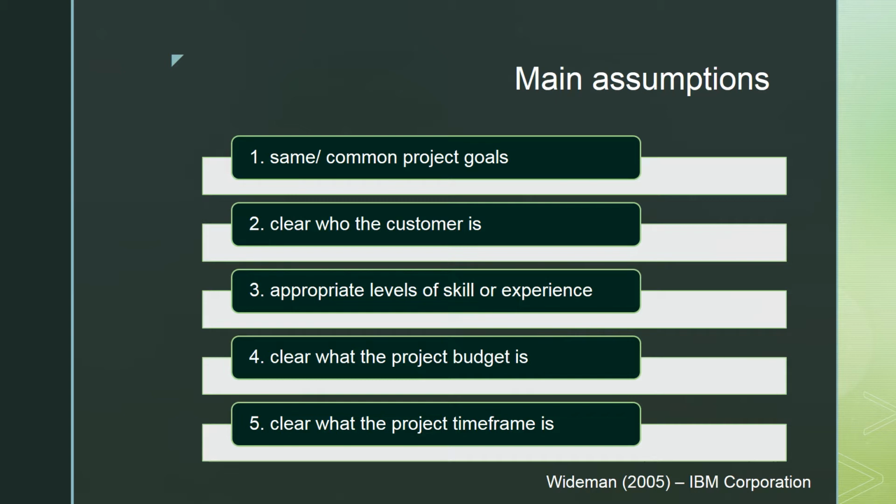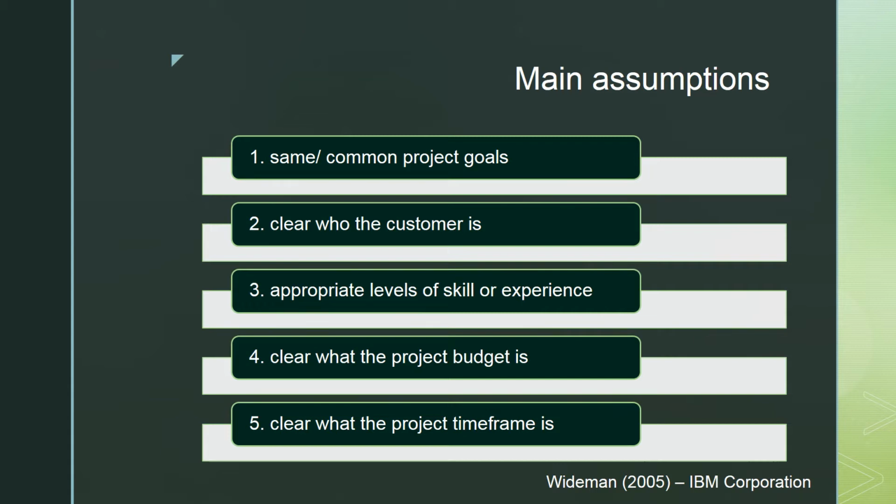If you ask any member of the team within the project, they must be able to tell you who the customer is. Because eventually you want to meet the need of the customer when you've finished, when you've completed the project. The question you have to ask yourself at the end of a project is, have the needs of the customer been met?